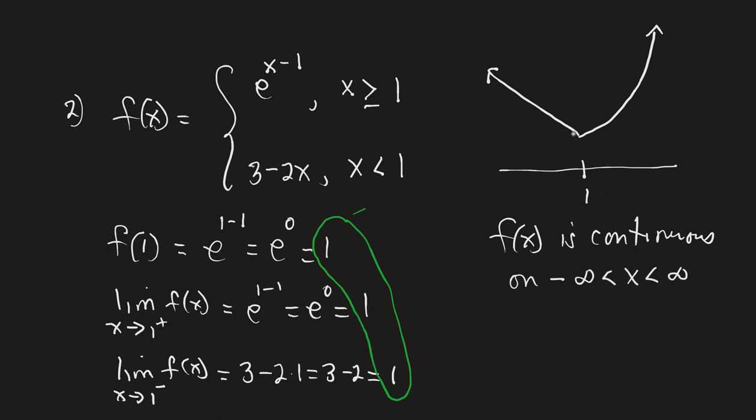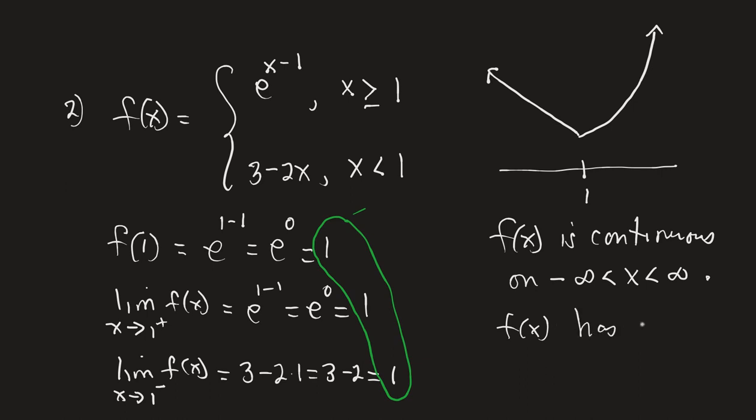It might look a little weird with that almost like sharp corner right here, but that's fine. You can move along the graph in one continuous motion without having to lift your finger or your pen or your pencil or whatever tool you're using, right? So another way to say this is that f of x has no discontinuities. So then there's nothing to classify.